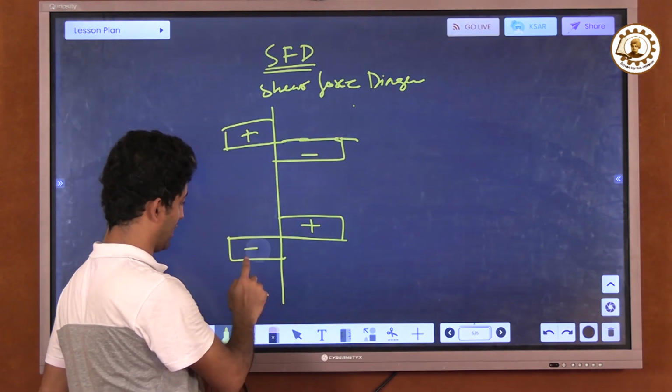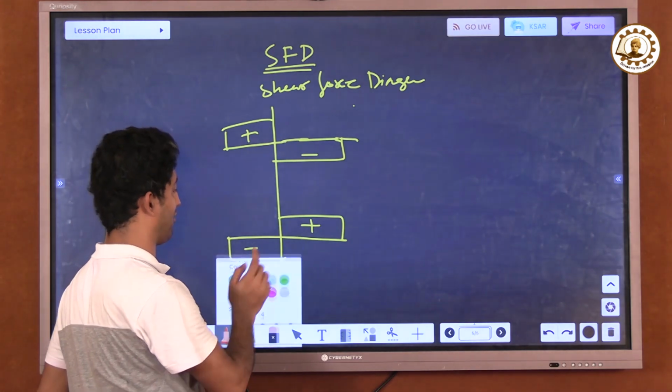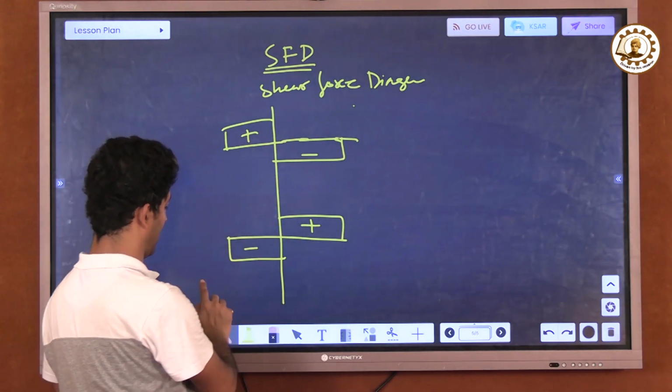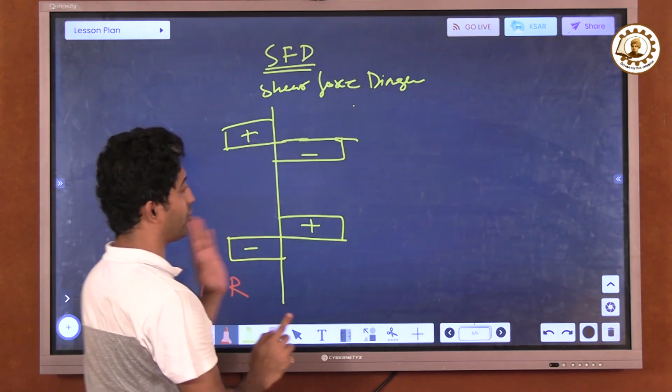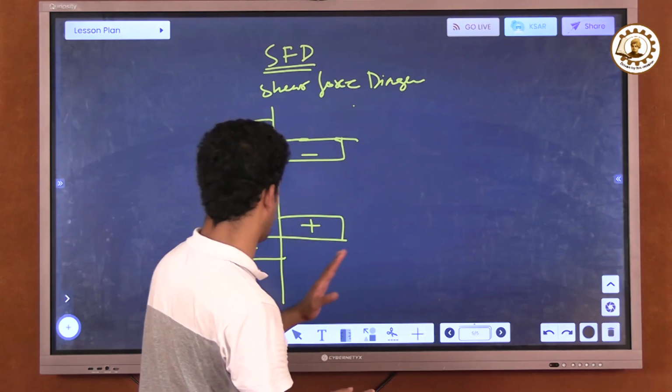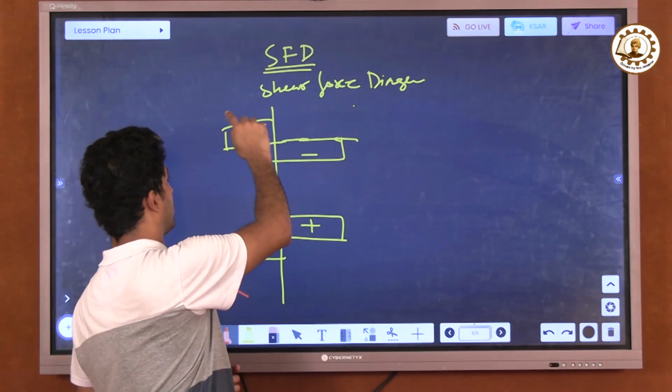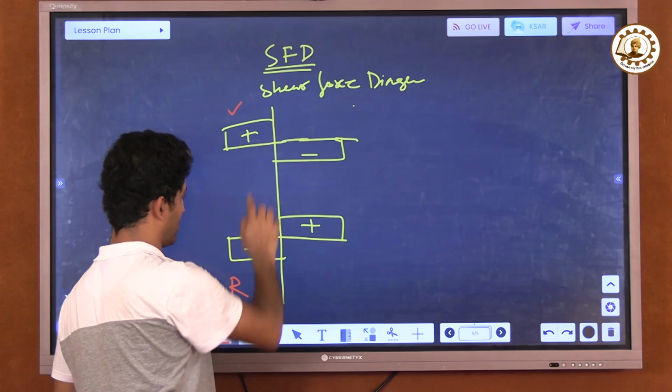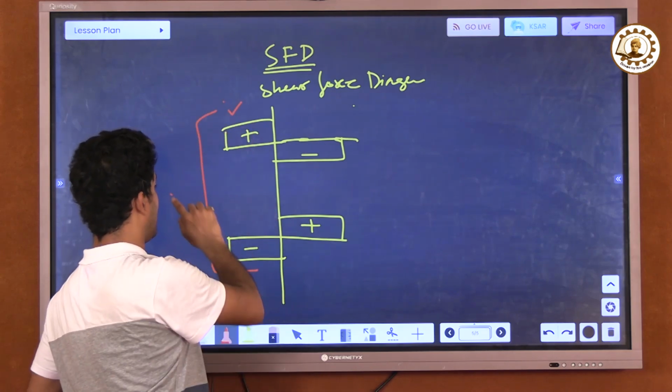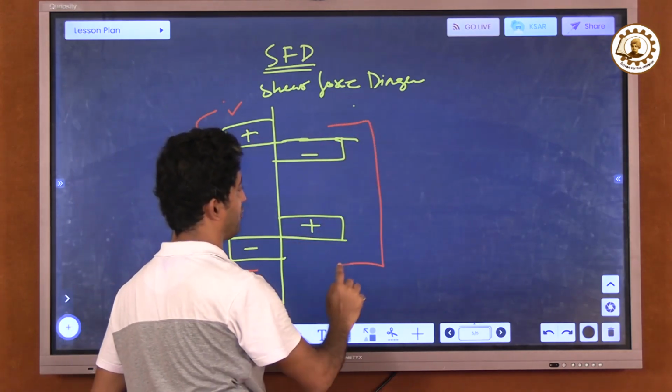This means that if you are calculating from the left hand side, that means you are calculating from left to right, you will be using this one. This complete section is for left, and this complete section is for right.